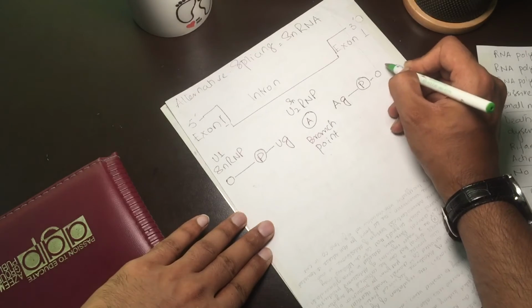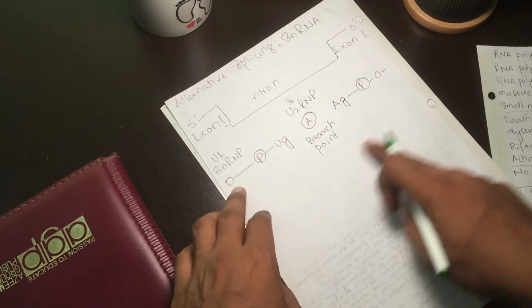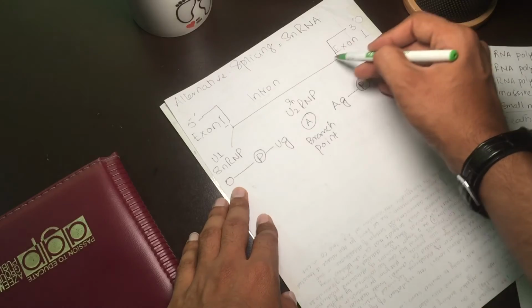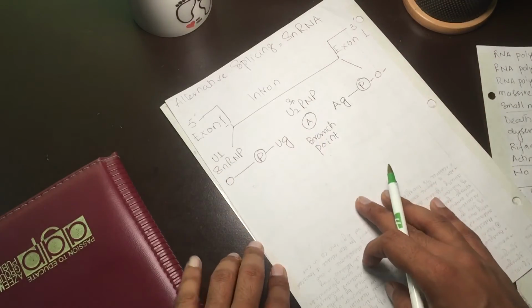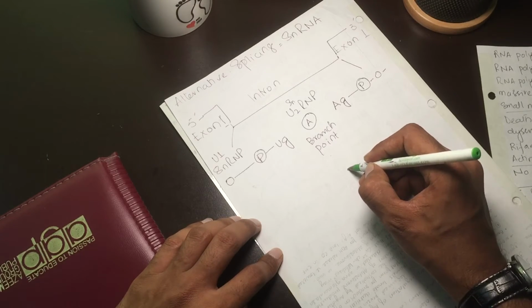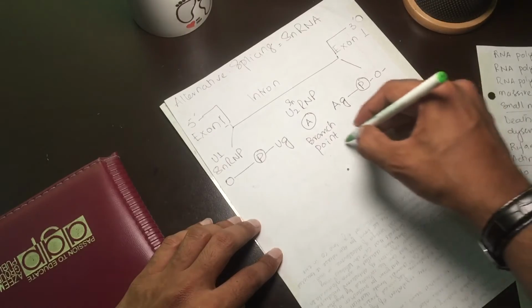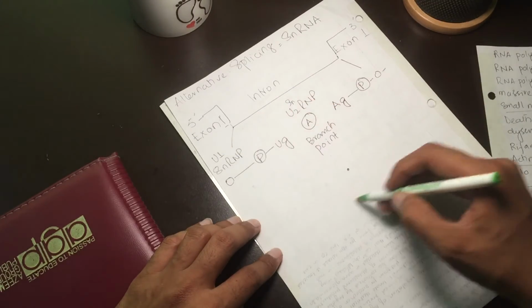This is the intermediate exon-intron part, and we have to cleave this. So this branch point is actually the main central point over which this whole cleavage happens.